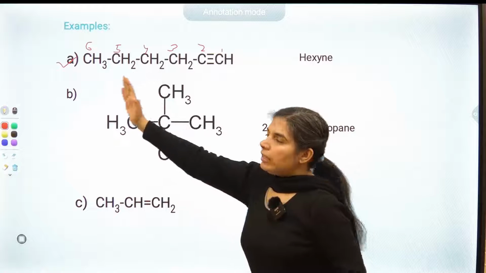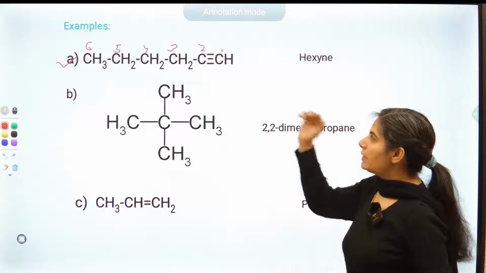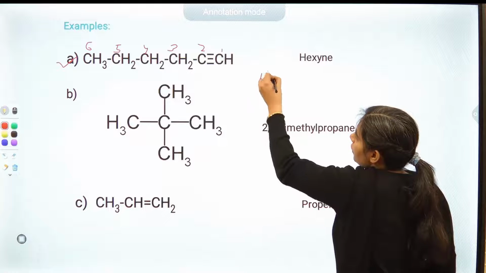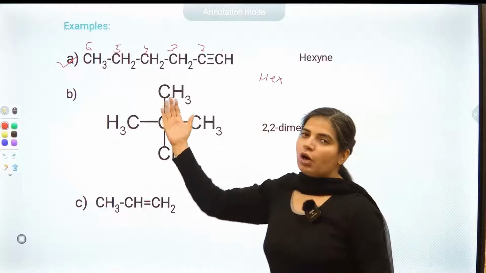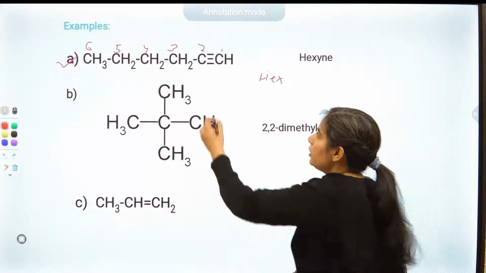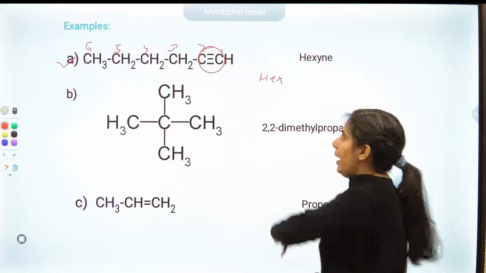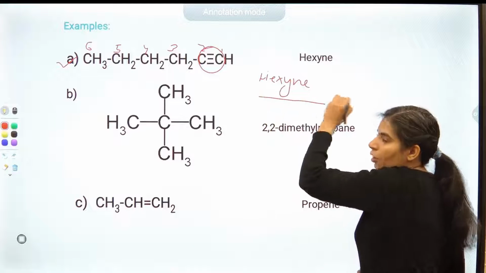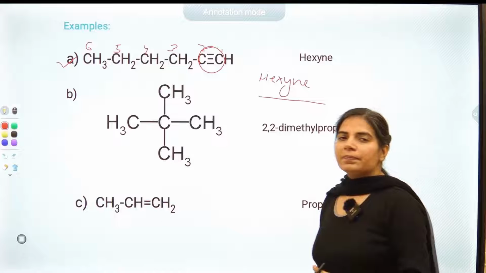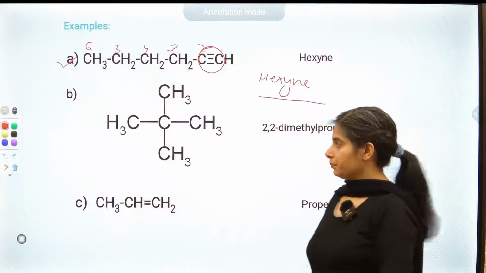It contains 6 carbons. So for 6 carbons we will use the root hex. And if I talk about bonding, we are having a triple bond, and for triple bond we are using yne. So we come up with the name hexyne.